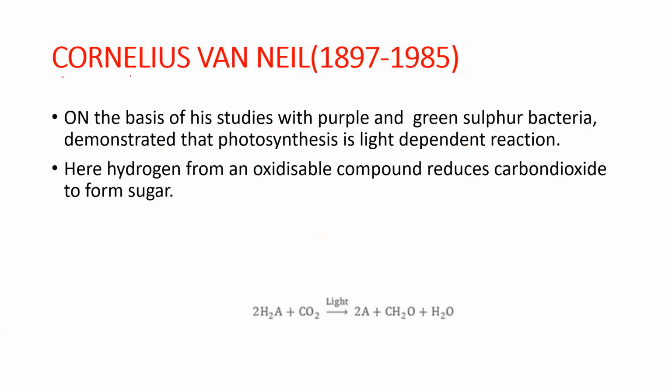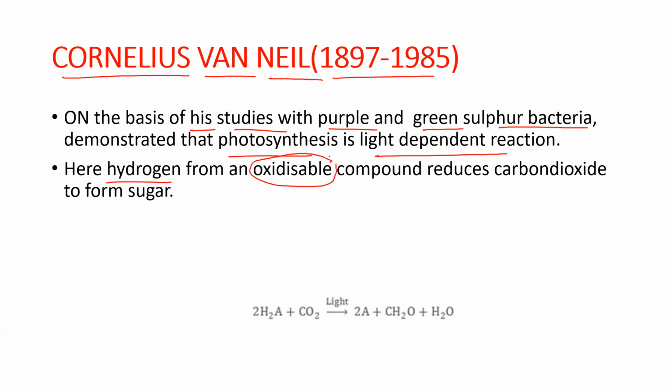Now next was Cornelius van Niel, 1897 to 1985. On the basis of his studies with purple and green sulfur bacteria, he demonstrated that photosynthesis is a light-dependent reaction. Here, the hydrogen from an oxidizable compound reduces the carbon dioxide to form sugar.